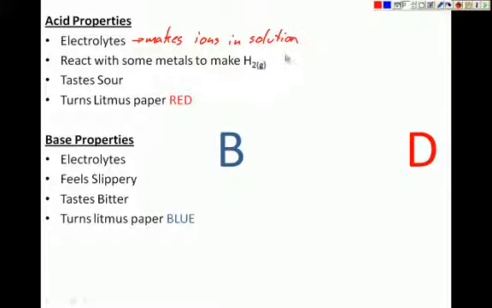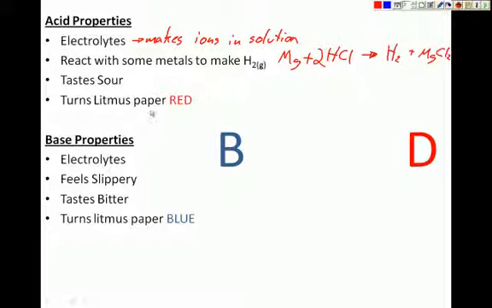A very classic example of this is if you take magnesium, Mg, and add a little HCl, it'll produce some hydrogen gas and also MgCl2. Very common reaction: magnesium and hydrochloric acid making hydrogen gas.